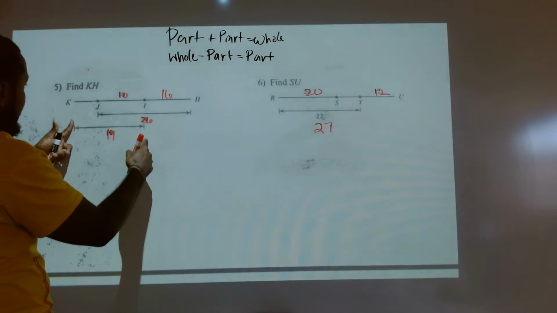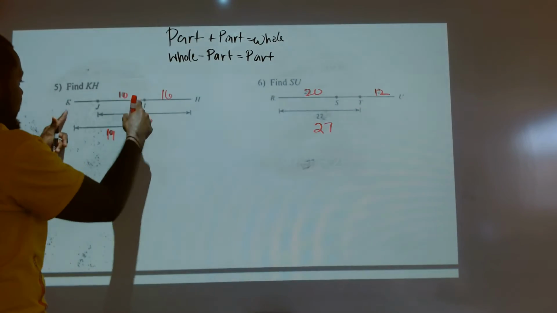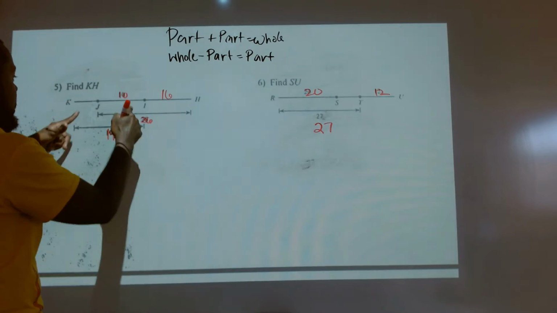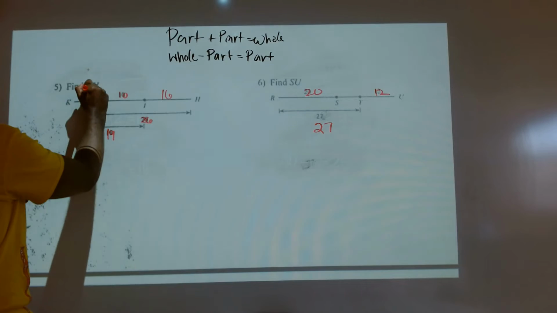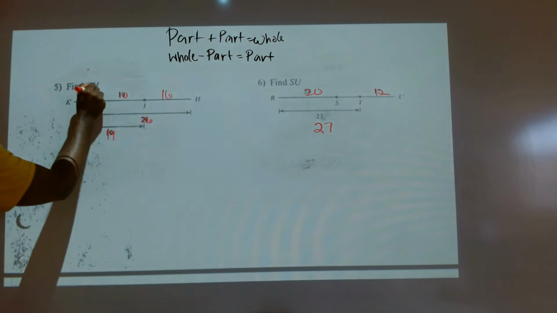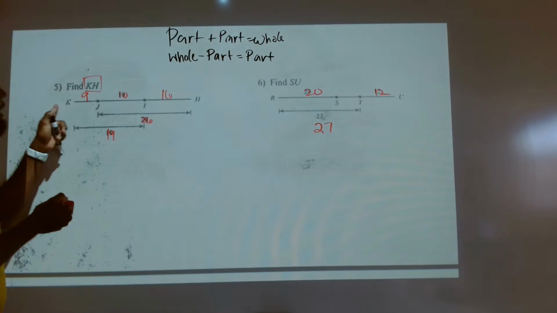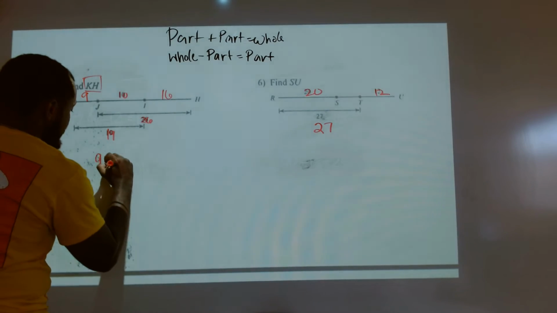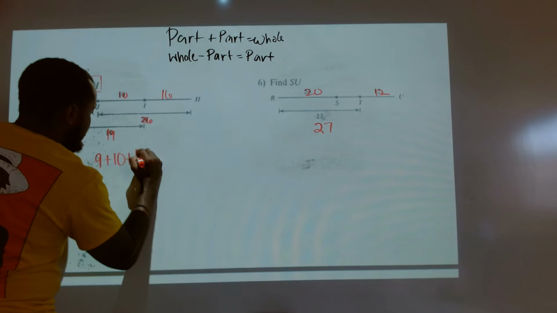So from K to I, that's 19. That's the full length, 19. If part of it is 10, that means the missing part is 9. 9 plus 10 is 19. Make sense? So when it says find HK, that means I need to find the whole length. So all you're gonna do is 9 plus 10 plus 16.